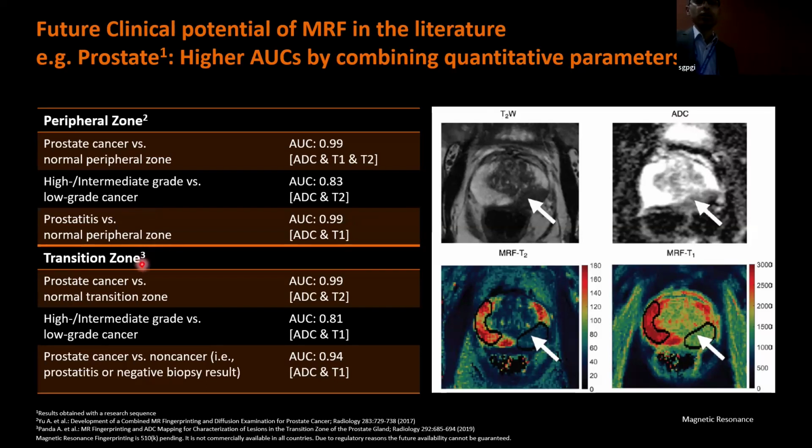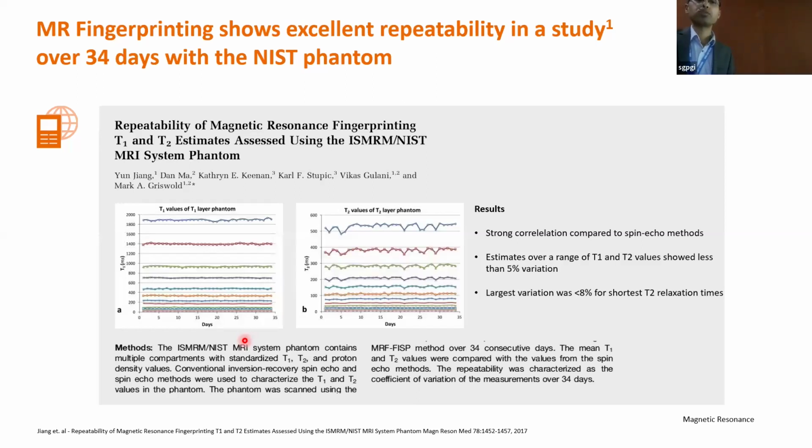In the transition zone, it was found that the combination of ADC and T2 differentiates prostate cancer versus normal transition zone, whereas the combination of ADC and T1 values was found to be effective in differentiating between high or intermediate grade versus the low grade cancer. So it has been there for some time now, developed by Case Western University specifically, and now being used at multiple locations, this particular software.